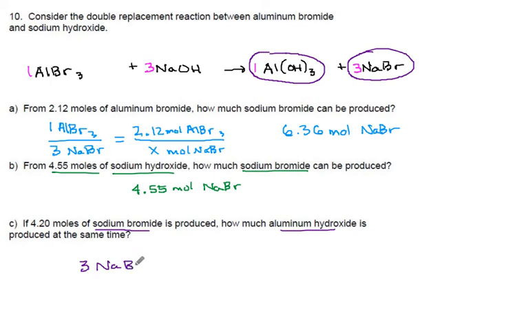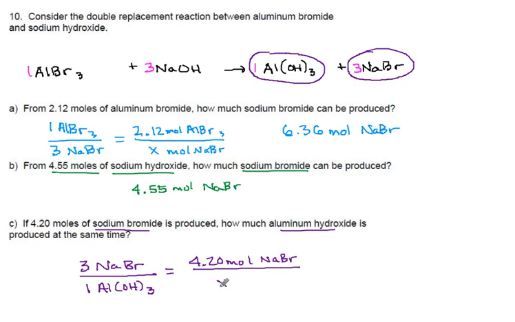If you put the 1 on top, your work will look a little different from mine, but you should end up with the same answer in the end, as long as you're consistent about which one's on top and which one's on the bottom. So 3 NaBr to 1 aluminum hydroxide, and then they say we have 4.2 moles of sodium bromide. 4.20 moles NaBr.